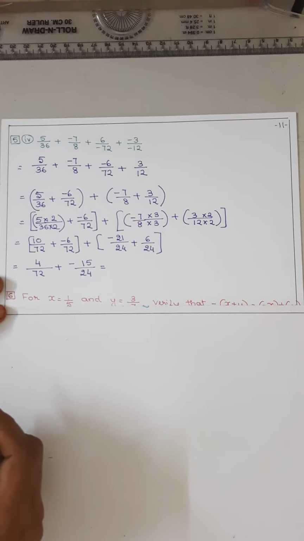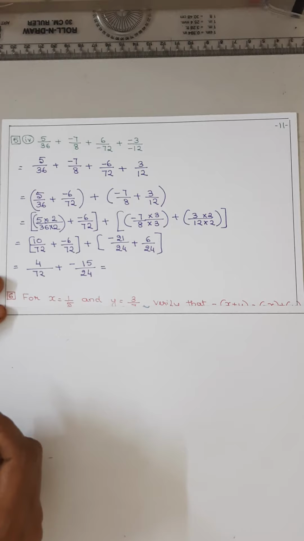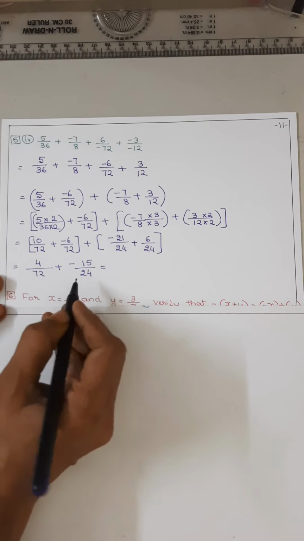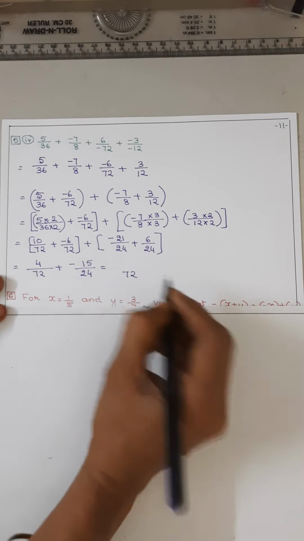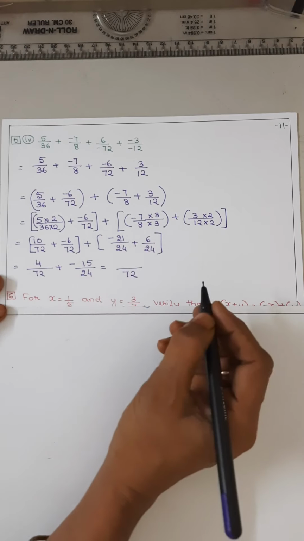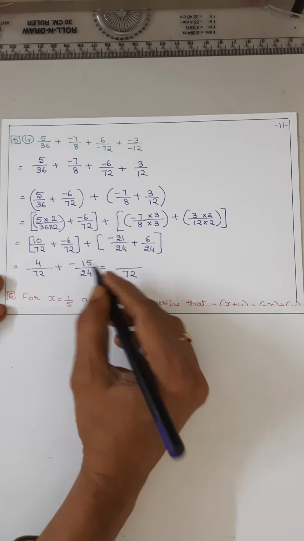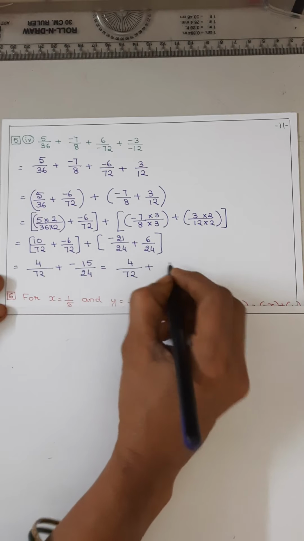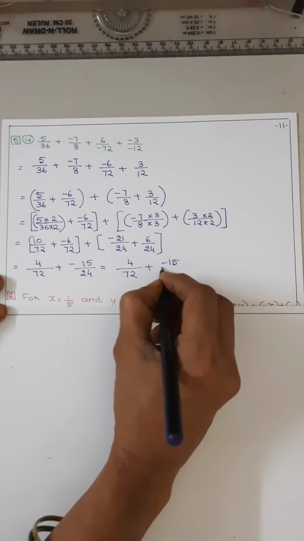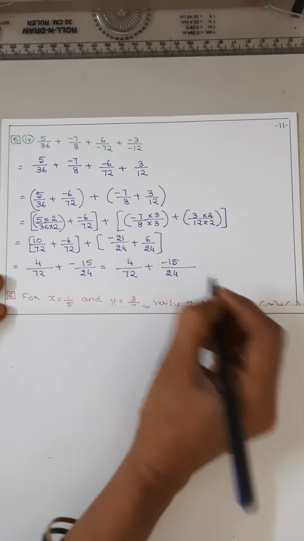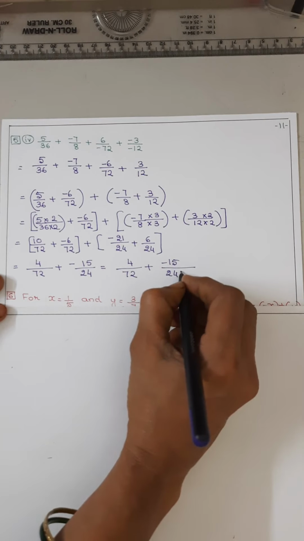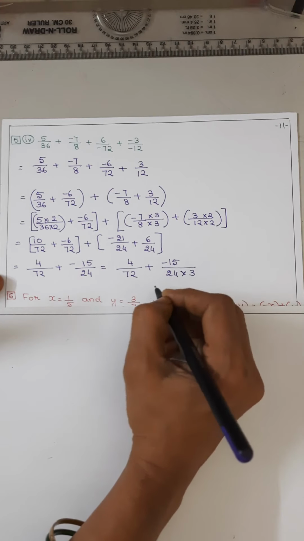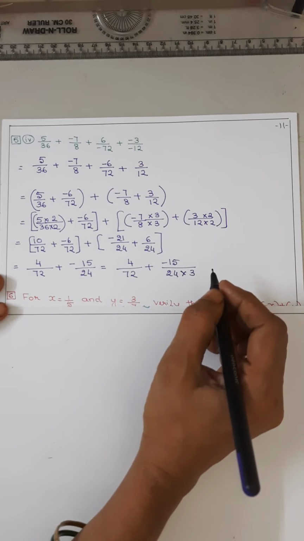Now it will be minus, 72 will be the LCM. Yes or no? 24 threes are 72. So this will be 4 as it is and this minus 15/24. Now into 3s are, 3 4s are 12, 3 2s are 6, 72.